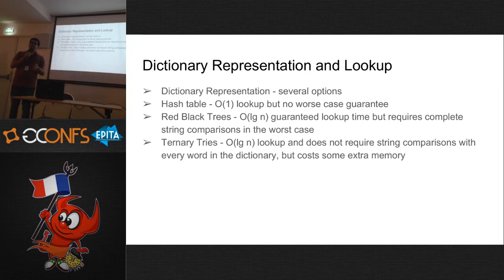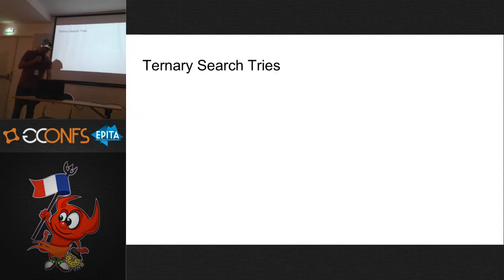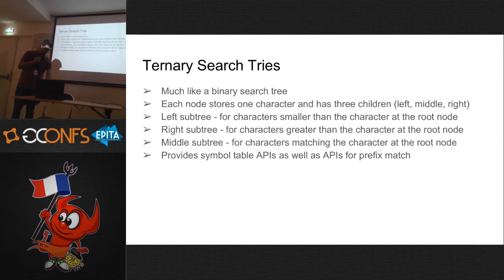Tries are a specialized data structure which avoid this problem of doing that many string comparisons. These are like binary search trees, but every node has a single character, and you just traverse the tree based on matching the characters. So you don't end up calling strcmp a lot of times. I've used these ternary search tries.